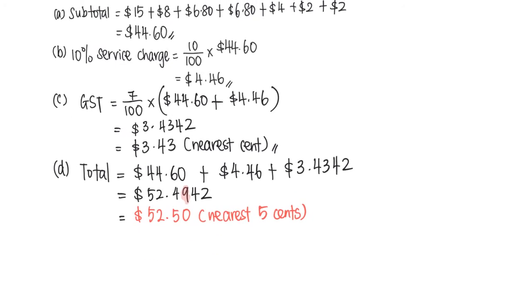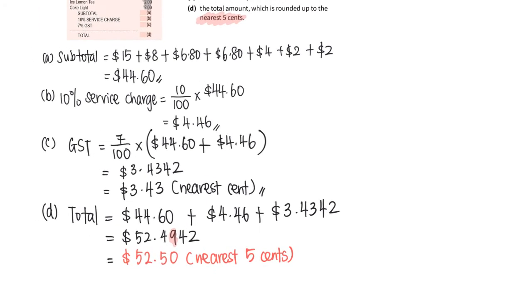a number line at the side here. So right now we have either $52.45. And the next 5 cents that we add on will be $52.50.